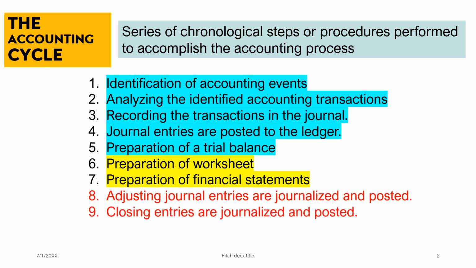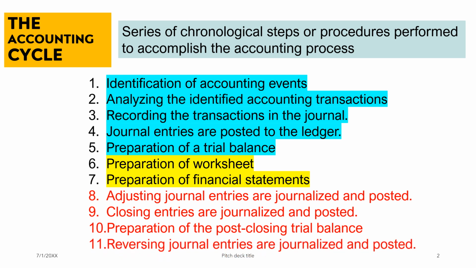Steps number 9, 10, 11 will be discussed in the next video lecture. So in summary, out of these 11 steps, we will be able to finish up to step number 8.